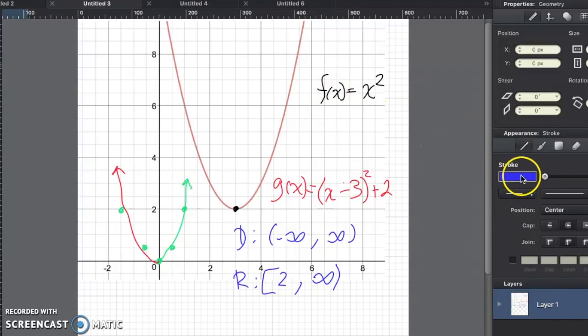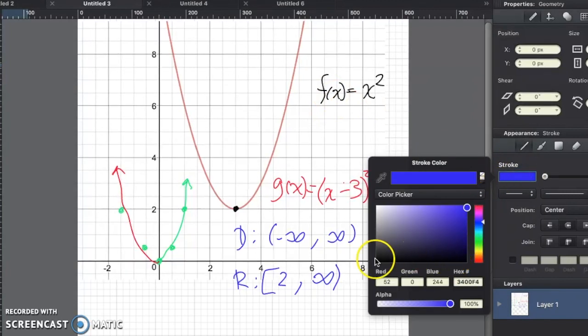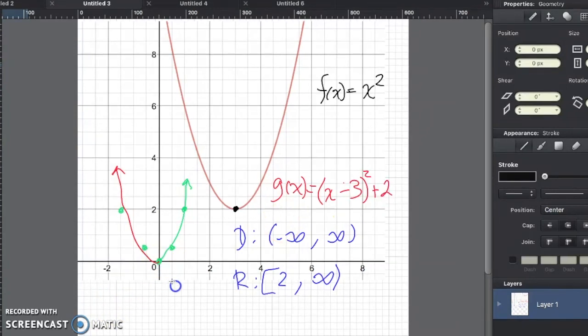So one more thing I have to add is I forgot to mention that we need to talk about critical points. So we might be talking about vertexes in this case, points of inflection. So a vertex on this one would be right there. Another vertex would be right there.